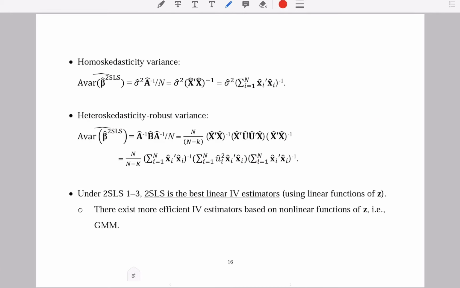Okay, so then this will be our homoscedasticity variance for the two-stage least square estimator. Note that this actually looks pretty similar to the OLS one, right? Except the OLS without the hat, here we have the hat.